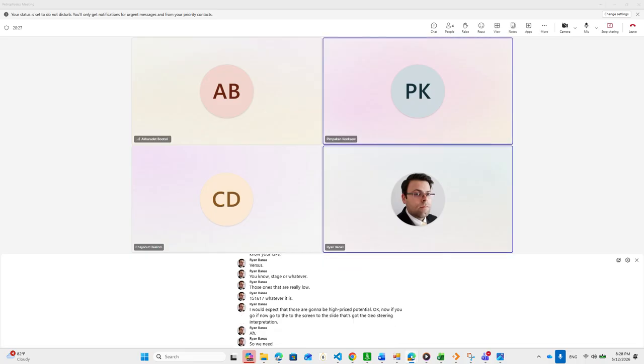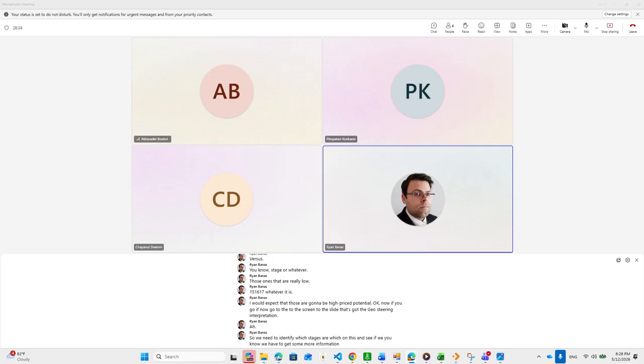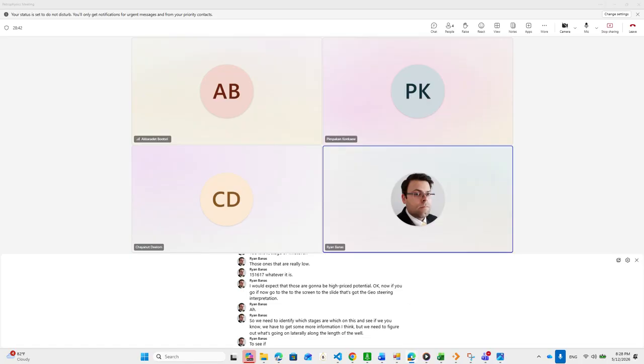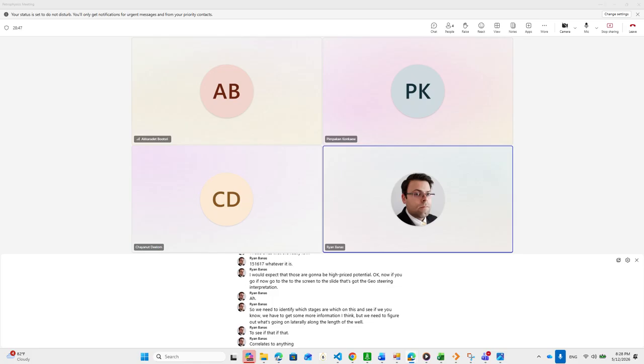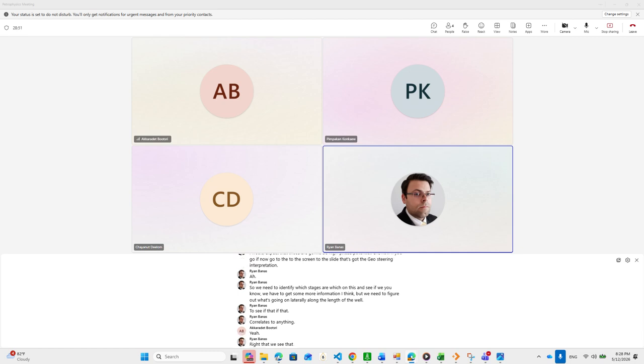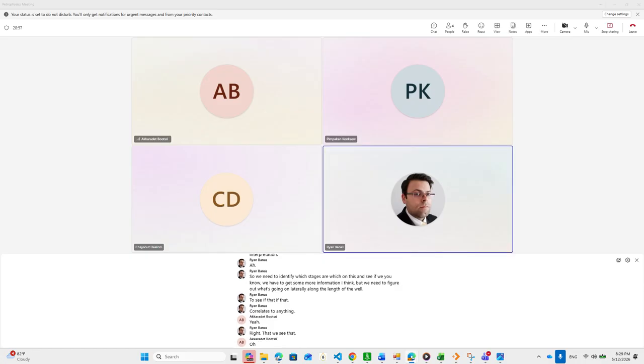So we need to identify which stages are which on this, and see if we have to get some more information, I think, but we need to figure out what's going on laterally along the length of the well, to see if that correlates to anything, right? That we see that in a different zone or something.